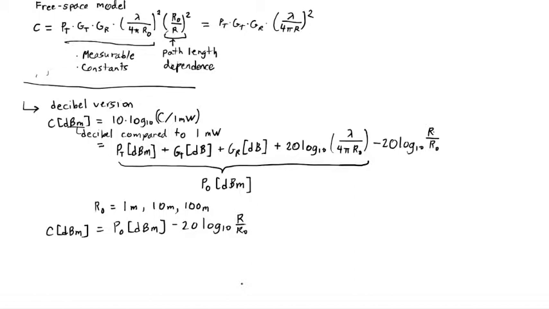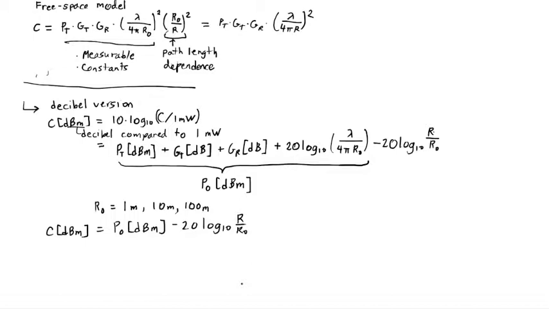But for other kinds of communication systems that we rely on, like Wi-Fi, cellular communications, these are all ground-based communication systems that are obstructed by walls and buildings and trees and terrain variation. And in those cases, the free space model is not very accurate.